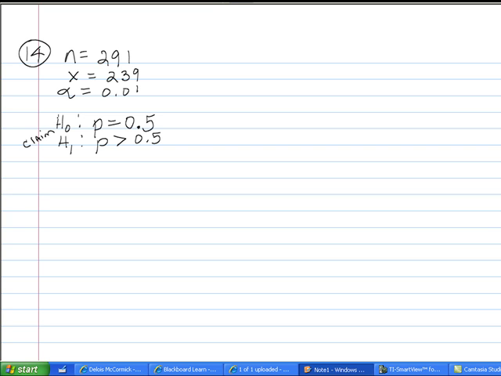Okay, so we're going to have the same critical Z that we had in the last problem, because we have 0.01 here, and so our area is 0.99, which is closest to the 2.33 that we got the last time.